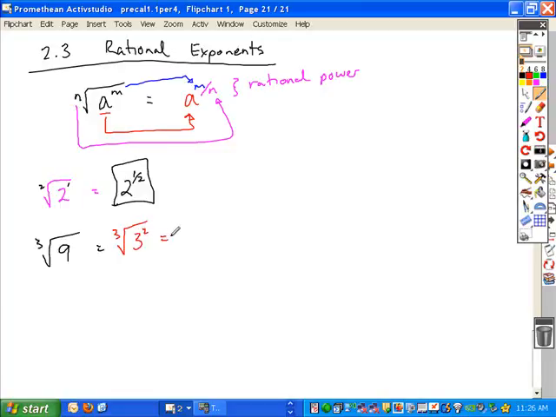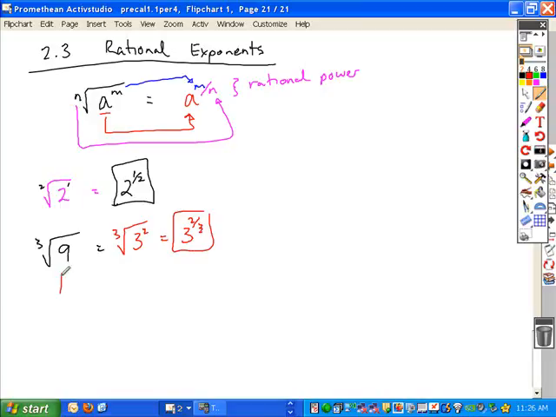And so now, once you simplify that completely, you can convert it into this rational power form. We reduce our base. We have now a power for the numerator of our fraction, and our index is the denominator of that. And so the cube root of 9 is equivalent to 3 to the power of 2/3.